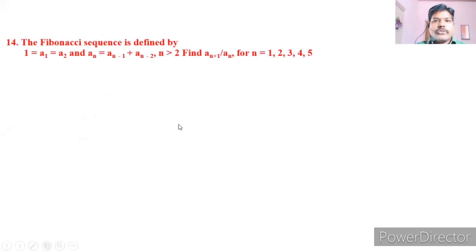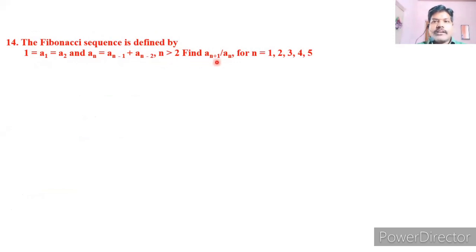Next, see question number 14. In this question, the Fibonacci sequence is defined, and they are asking you to find a_(n+1) by a_n, when a1 and a2 are both equal to 1 and a_n is equal to a_(n-1) plus a_(n-2), for n greater than 2.